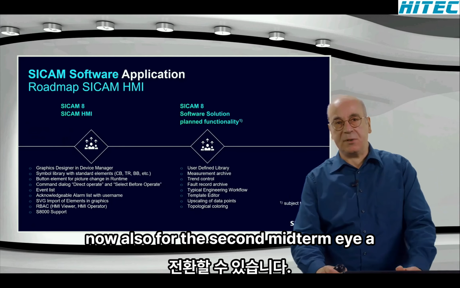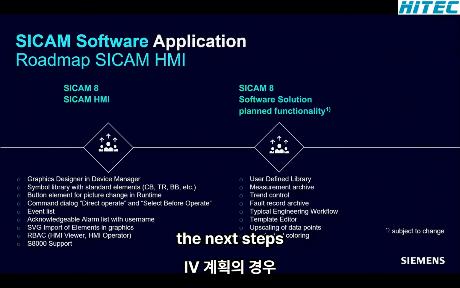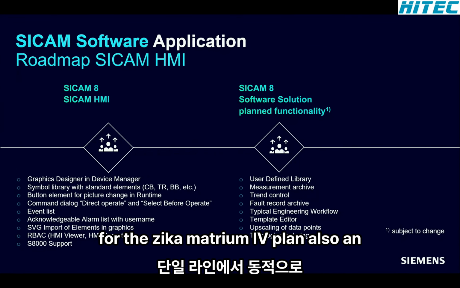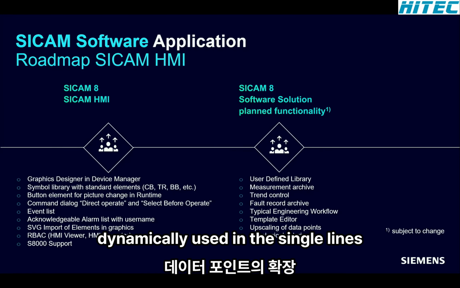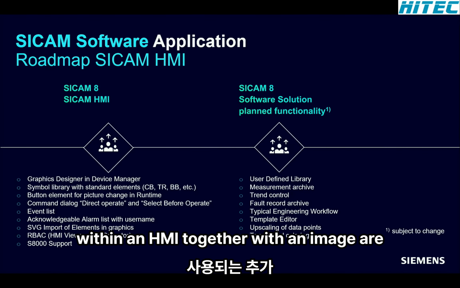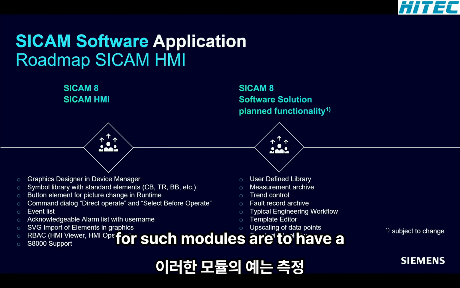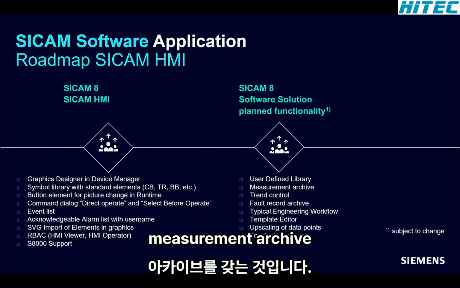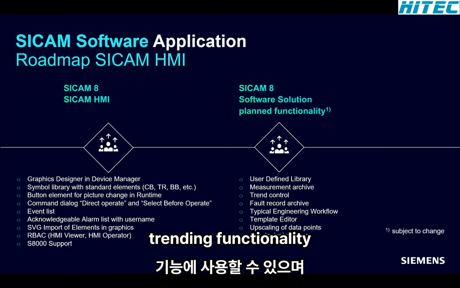Now, also for the Sicam Hmi, a short glimpse on what can be expected in the next steps. For the Sicam Hmi, we plan also an upscaling of the data points that can be dynamically used in the single lines. Additional modules, very often used within an HMI, together with an image, are also planned for the next steps. Examples for such modules are a measurement archive. The measurement values can be used in a trending functionality.